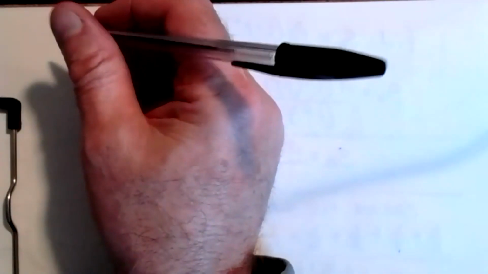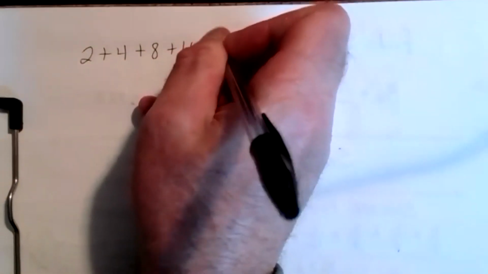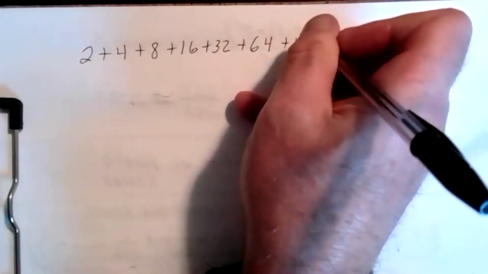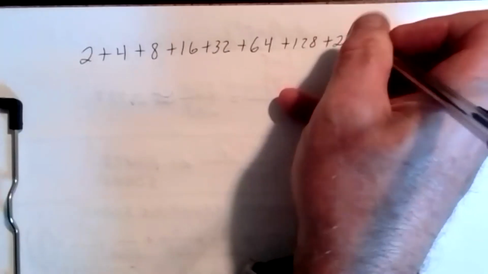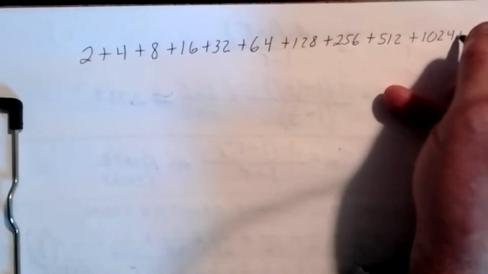How about this next infinite geometric series? Do you think it might be convergent? Let me show you this one now. 2 plus 4 plus 8 plus 16 plus 32 plus 64 plus 128 plus 256 plus 512 plus 1024 plus and so on.